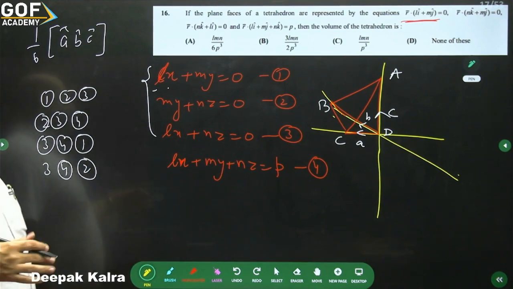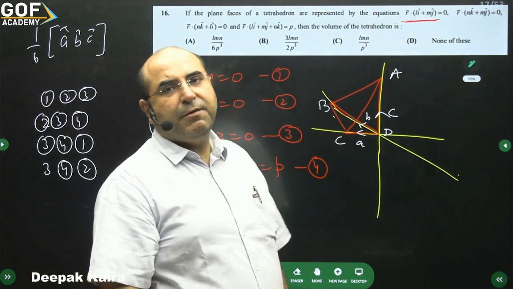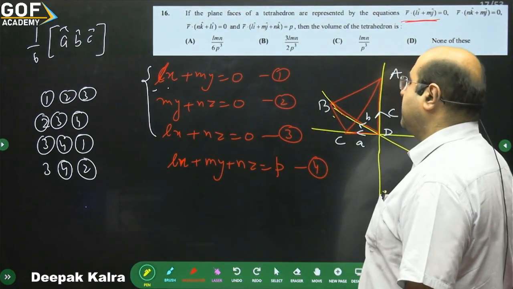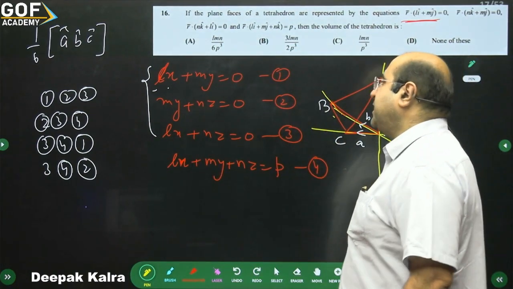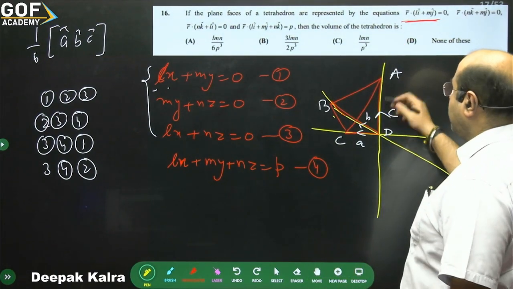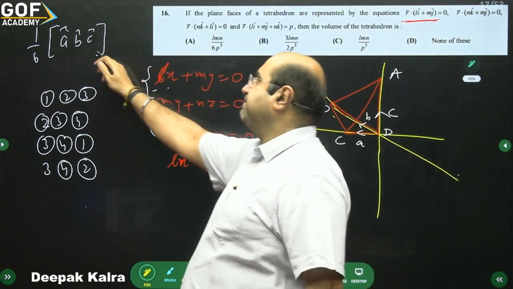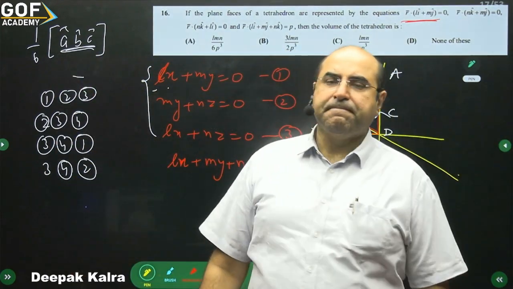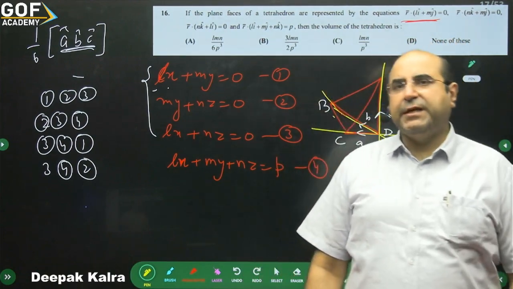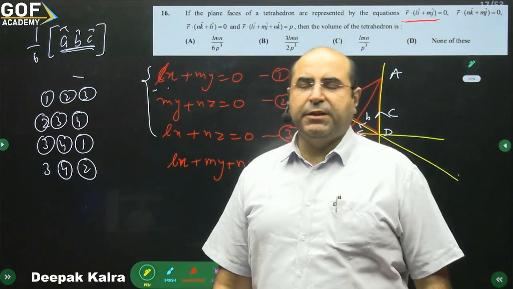These are the intersection points you will obtain by solving them, as A, B, C, D. Then after getting A, B, C, D, just have to apply STP. This is the rule. No doubt it takes a little time, but there is no other way.